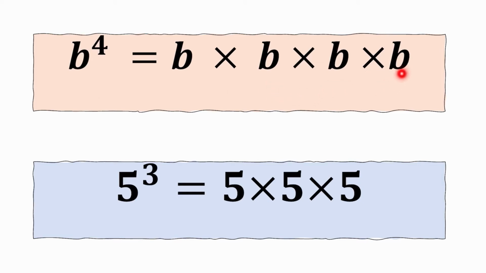Because our base says what is to be multiplied and the power says how many times we are to multiply it. This is saying we are going to multiply b by itself 4 times. Similar to our second example, 5 cubed. 5 is being risen to the 3rd power. Therefore, this is saying 5 should be multiplied by itself 3 times.